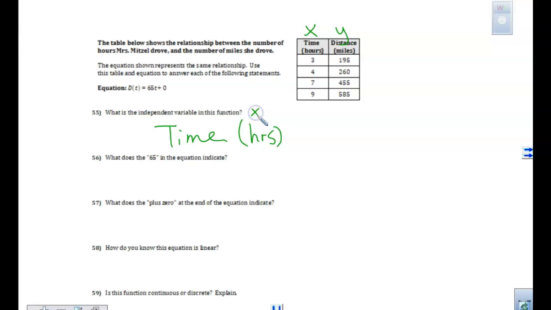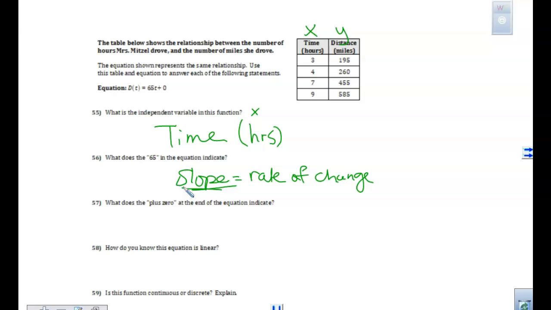Independent, that's x. So it says, what is the 65 in our equation? If I'm looking at the 65, Sonia, I'd say it is the what? The slope. Definitely the slope, right? Someone could say it's my rate of change, how fast I'm going, but in my equation, that's our slope.